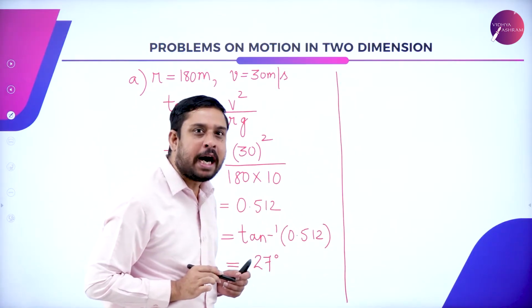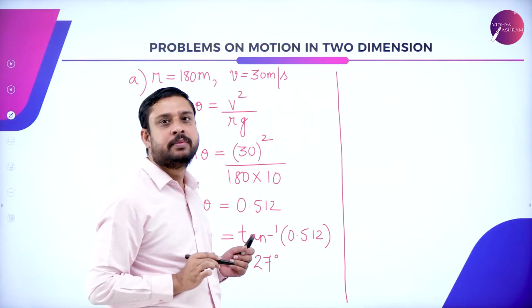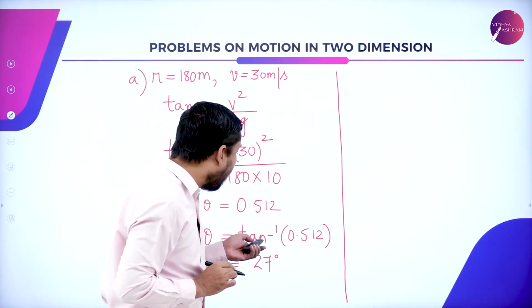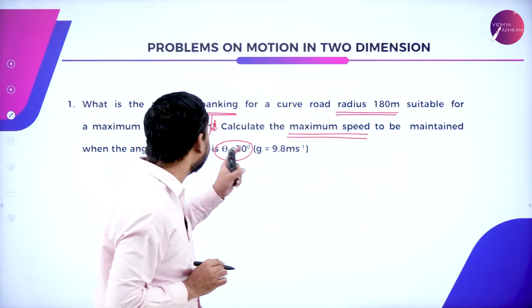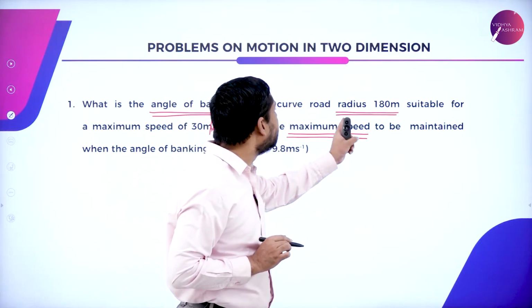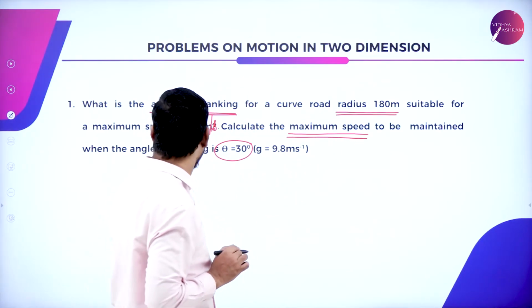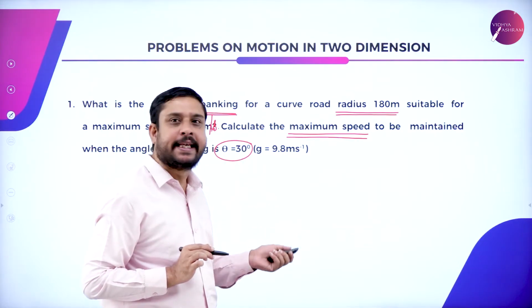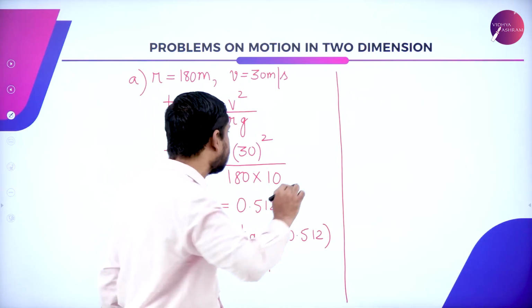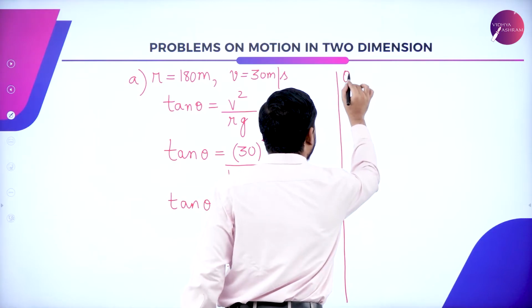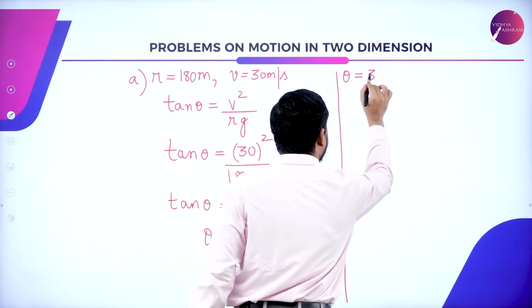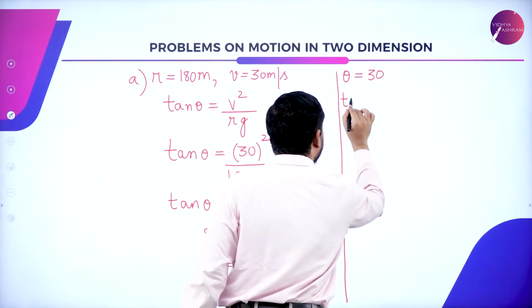The next part of the problem, I have to calculate the maximum speed when the angle of banking is 30 degrees. Now, theta is 30 degrees.